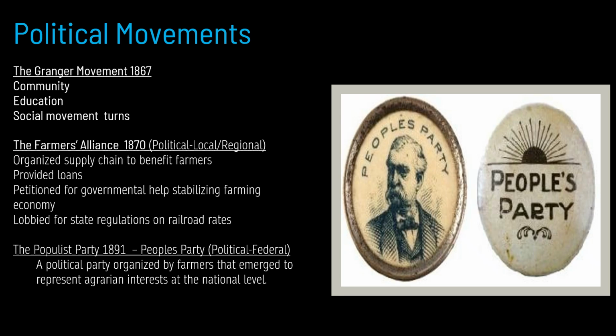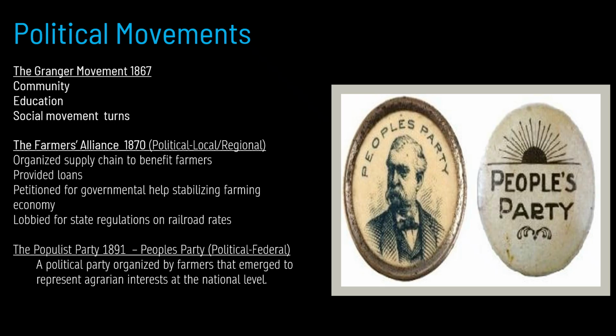All right. So as I was telling you a few slides ago, these people get out there and they're trying to farm, and they have little knowledge. The conditions are really hard, and they're trying to figure all this out. So this is where the Granger movement starts in 1867.